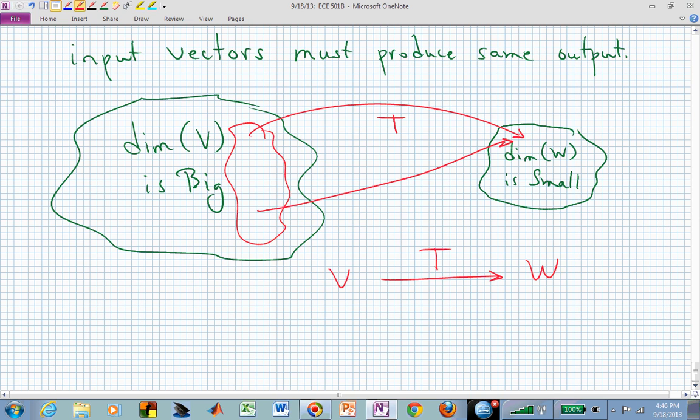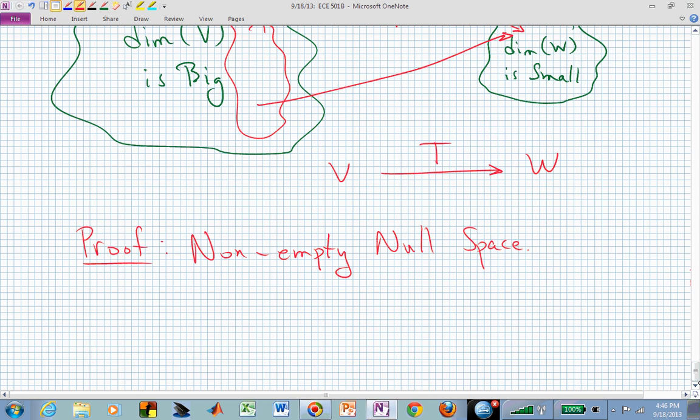So this is trying to show you that the proof of this corollary really says that you have a non-trivial or a non-empty null space. You don't have only the zero vector mapping to the zero vector. And that's our earlier example that we started with. Remember, we found a V1 and a V2 that both map to the same W. And V1 and V2 were not the same. So you could think of V1 and V2 mapping over to W sub 1.